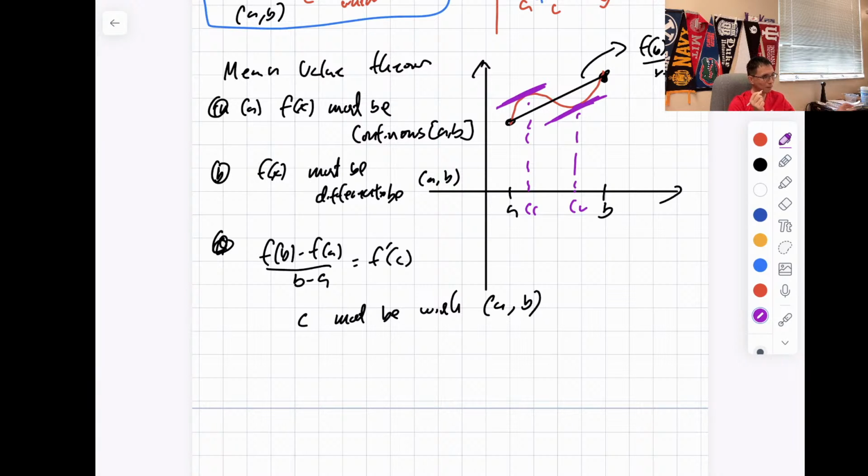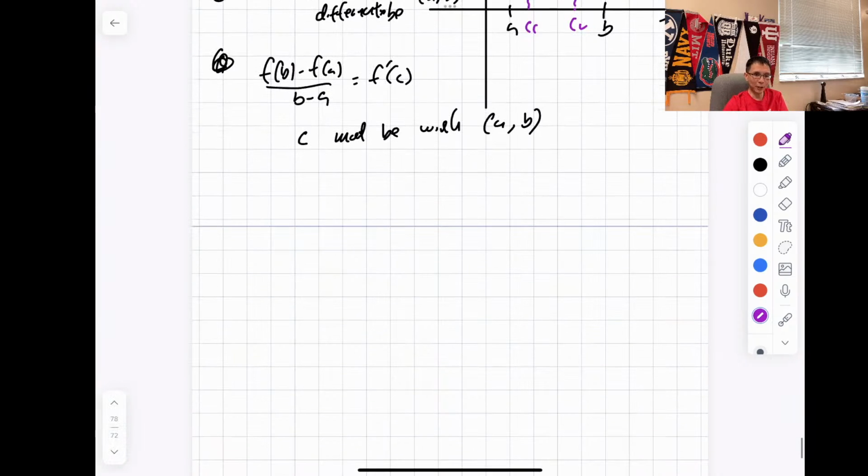Okay, so three more left. Rolle's theorem, mean value theorem. The next one is pretty easy. It's increasing and decreasing. How do I know the function's increasing? The test for increasing versus decreasing: is f prime of x positive or negative?